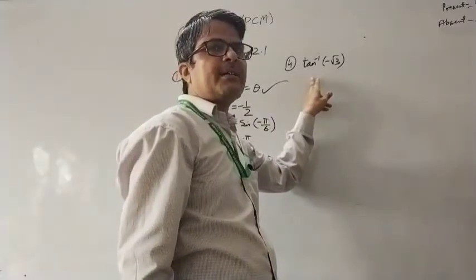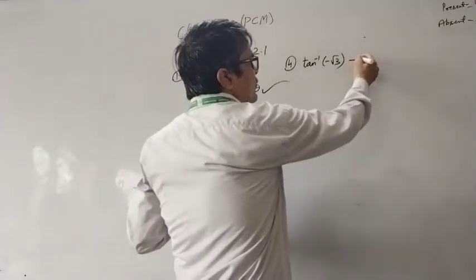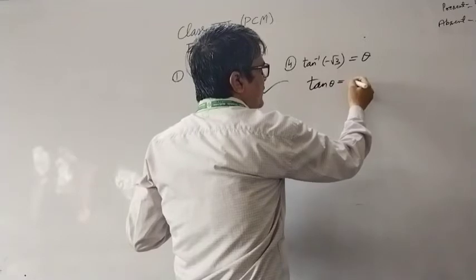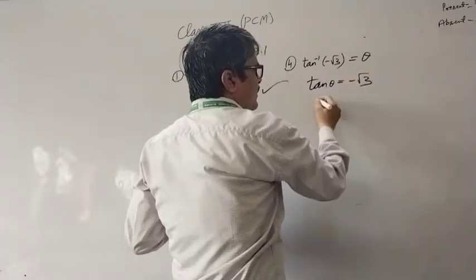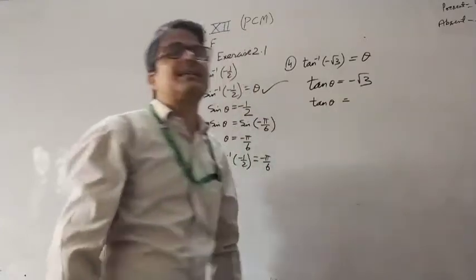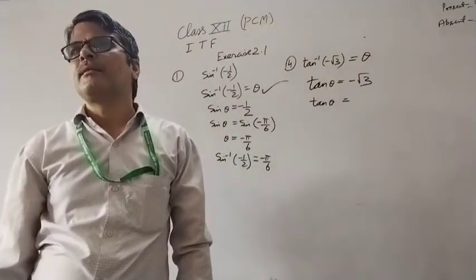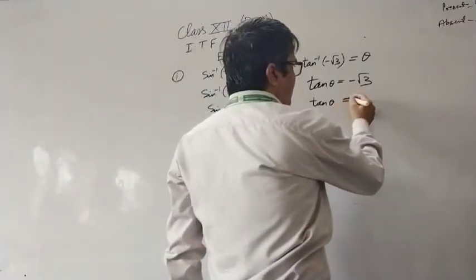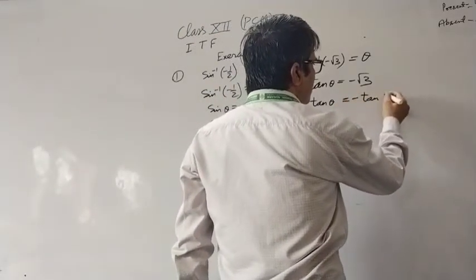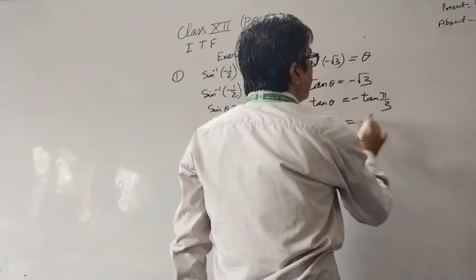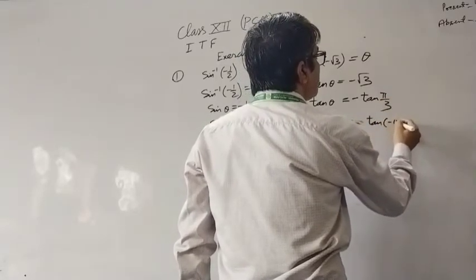Come to this portion, tan inverse minus root 3 is equal to theta. Tan theta is equal to minus root 3. For which angle is tan theta equal to root 3? Pi by 3. You can write it like this also, tan theta is equal to tan minus pi by 3.